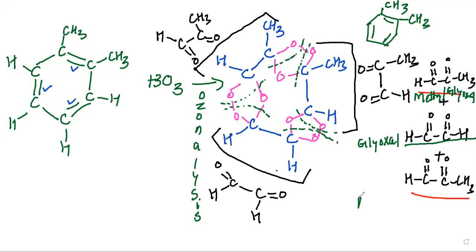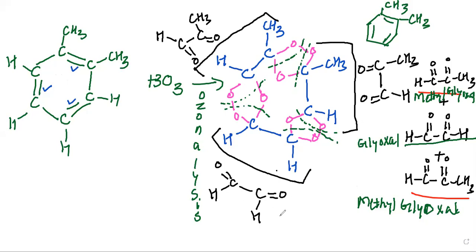This is also, my dear students, we have methyl glyoxal. So if this kind of structure of benzene undergoes the ozonolysis, we will get two products.